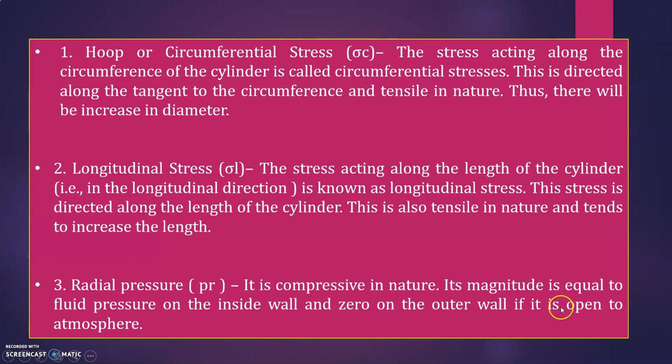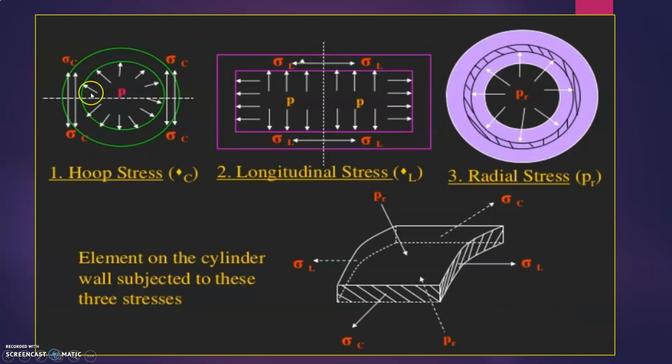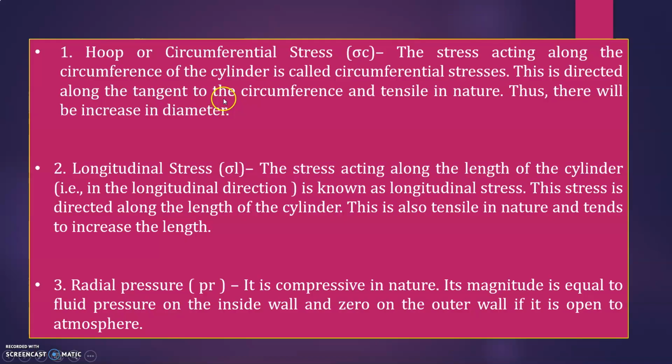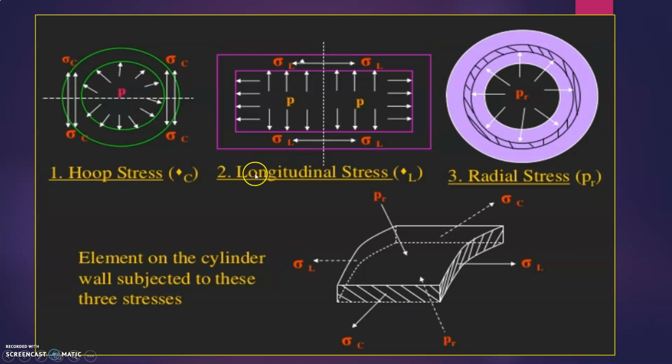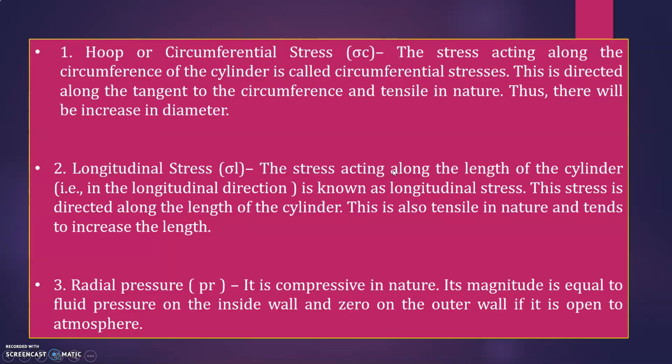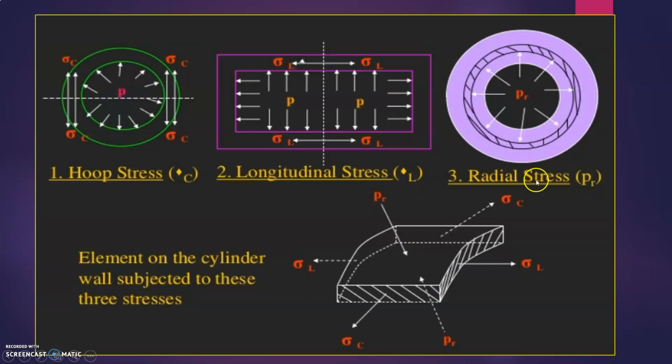You can see here, this is hoop stress. The stresses are developed across the circumference of the cylinder. This is longitudinal stress, that is, these stresses are acting along the length of the cylinder, and radial stress is acting along the radius of the cylinder.